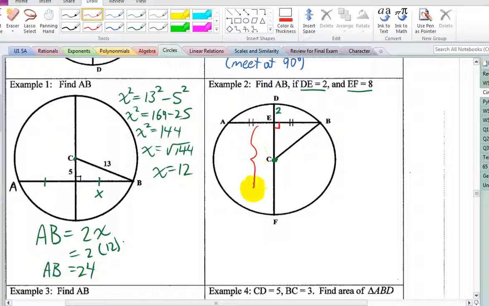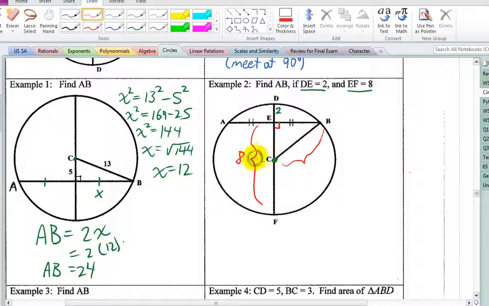So if this whole thing is 8, then what is CB? 10. 5. How'd you get that? Because you add the 8 and the 2 together. That's right.